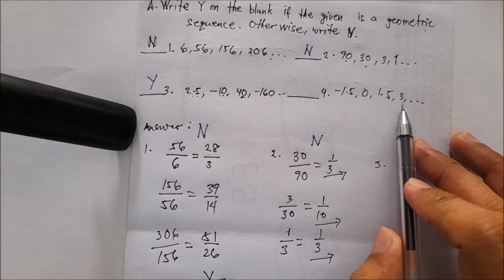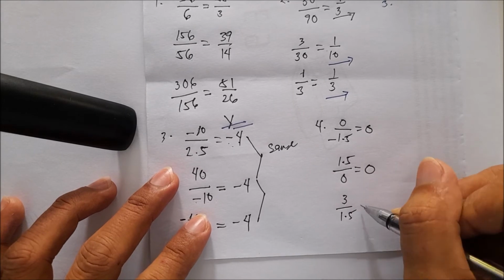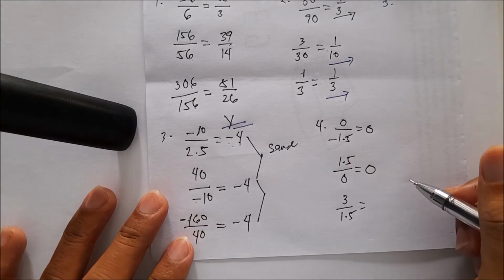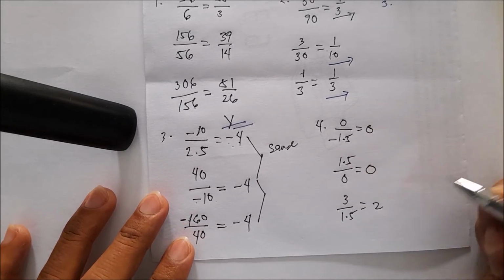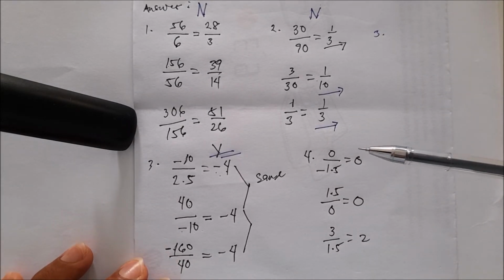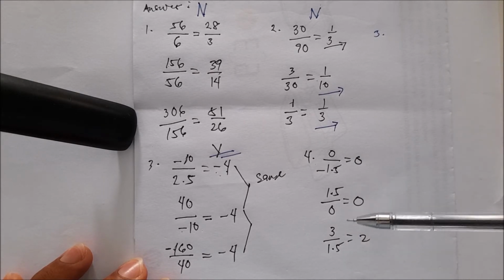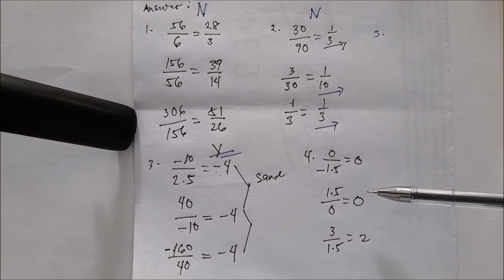Next, 3 divided by 1.5 is equals to 2. So, between the second and the first term is 0, and between the third term and the second term is 0 again.